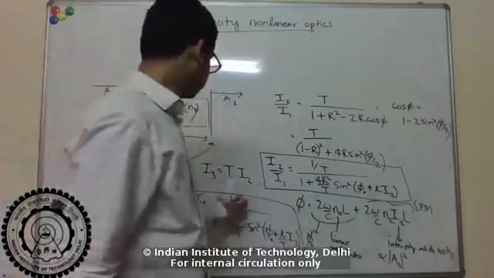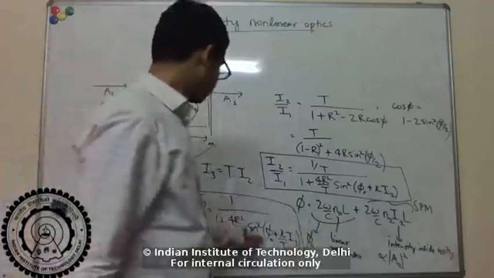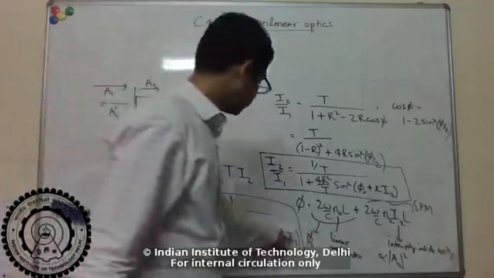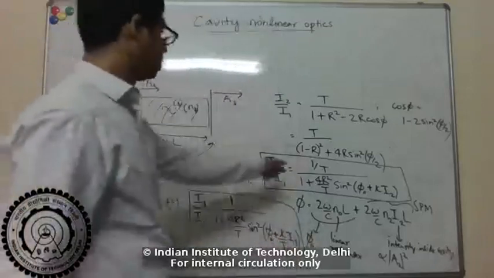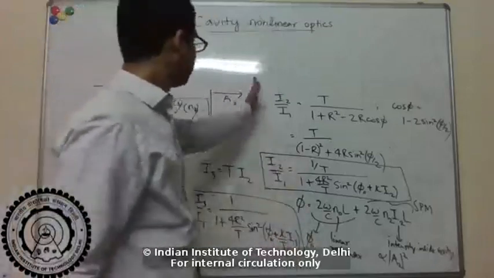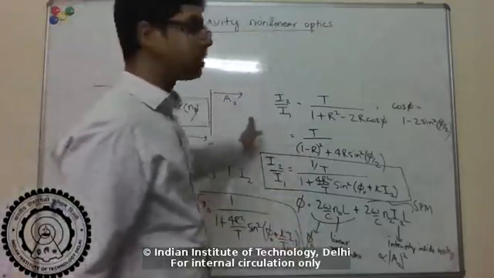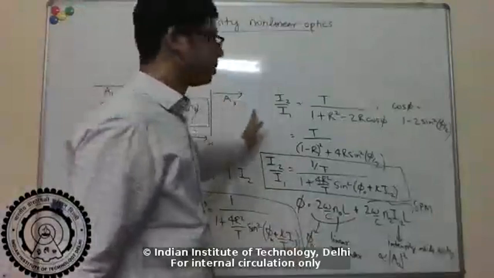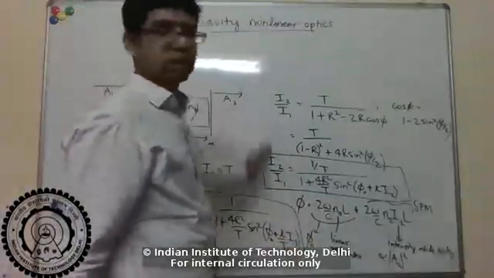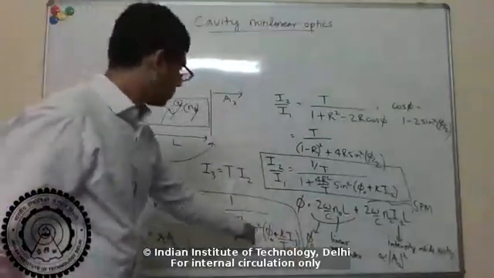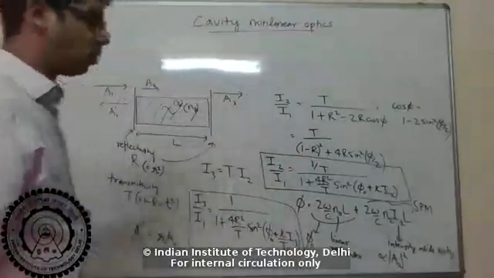So this again has some constant by 1 plus something times sine square phi naught plus something times intensity. So both the field in the cavity and the field transmitted from the cavity, which you can measure more easily, right? Rather than the field inside the cavity, the transmitted field is easier to measure. So that also has this same form.